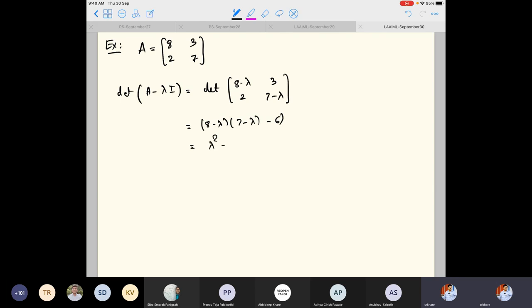So you'll have this polynomial lambda squared minus 15 lambda plus 50, which means (lambda minus 10)(lambda minus 5) is equal to 0, which means that lambda is equal to 5 and 10. These are the eigenvalues. So these are real eigenvalues. And what are the eigenvectors corresponding to these eigenvalues? What is the eigenvector?